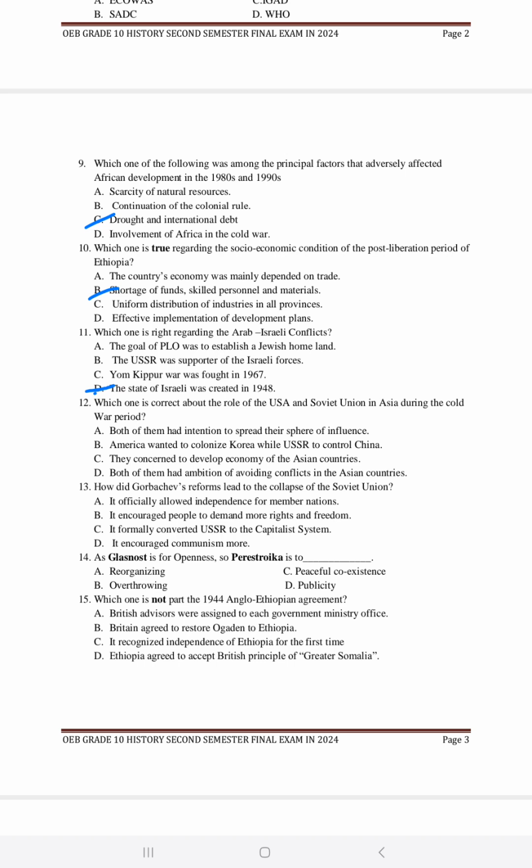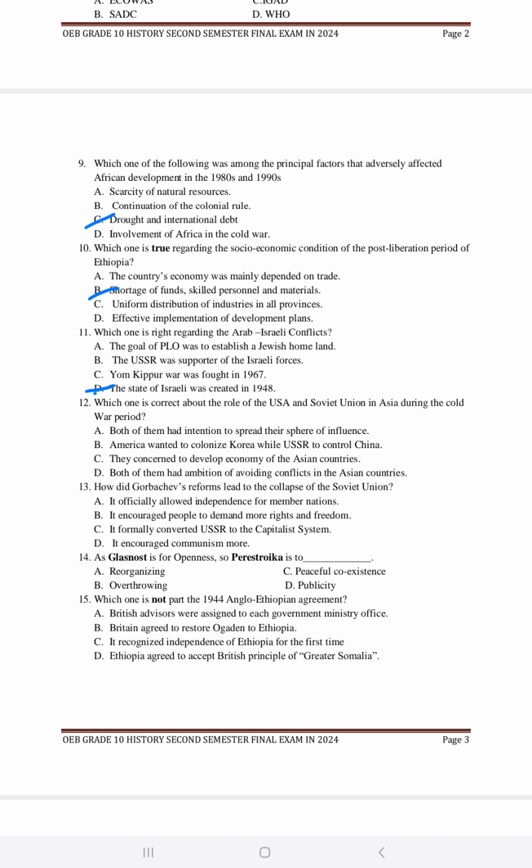Question 12. Which one is correct about the role of the USA and the Soviet Union in Asia during the Cold War? A. Both of them had the intention to spread their spheres of influence, their ideologies.